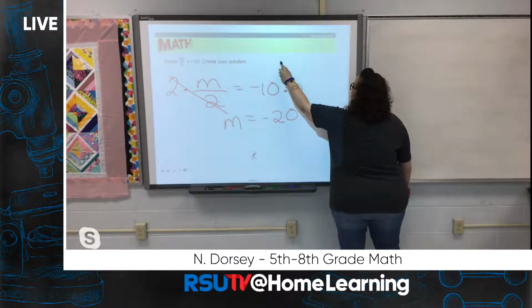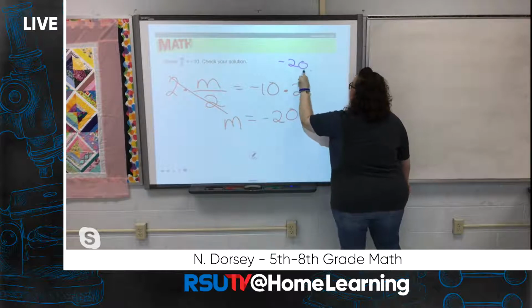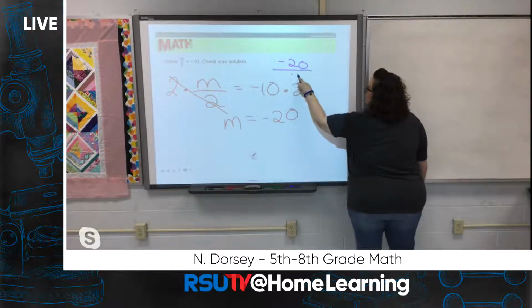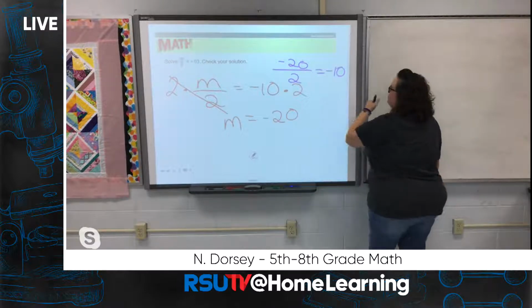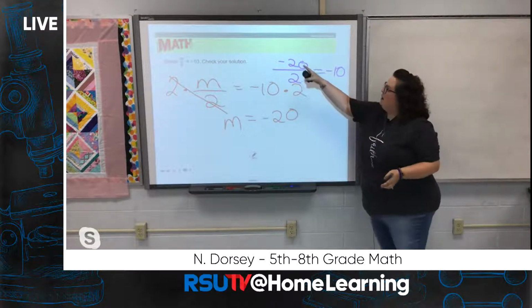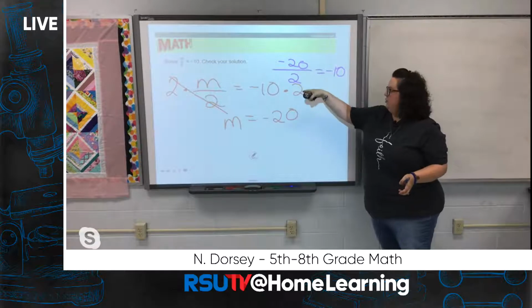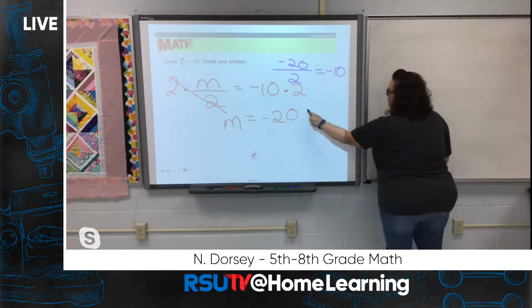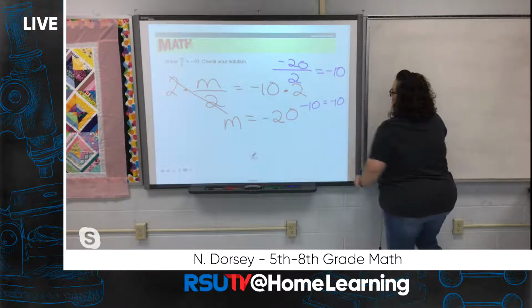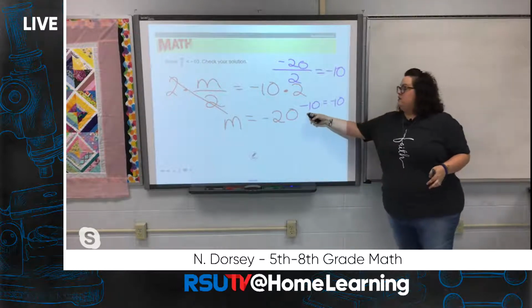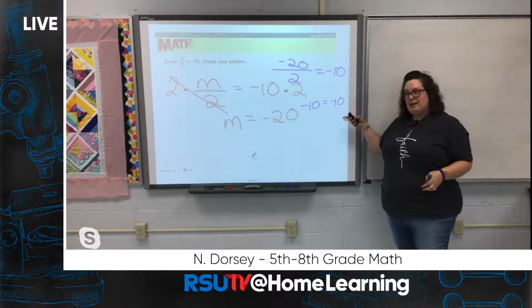So -20 goes in the place of m, and the 2 goes where it was at, and that equals -10. So now I'm going to do the math. -20 divided by 2, that does equal -10, and I now have a balanced equation. Or you could say this is a true statement.